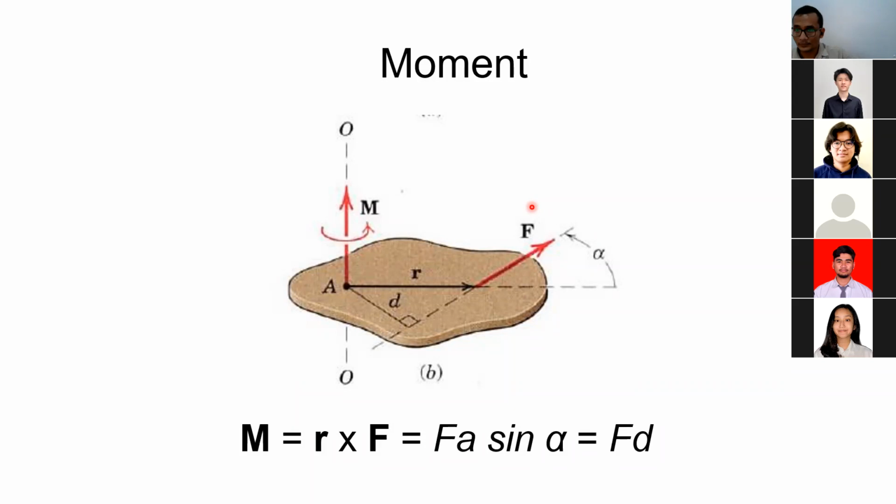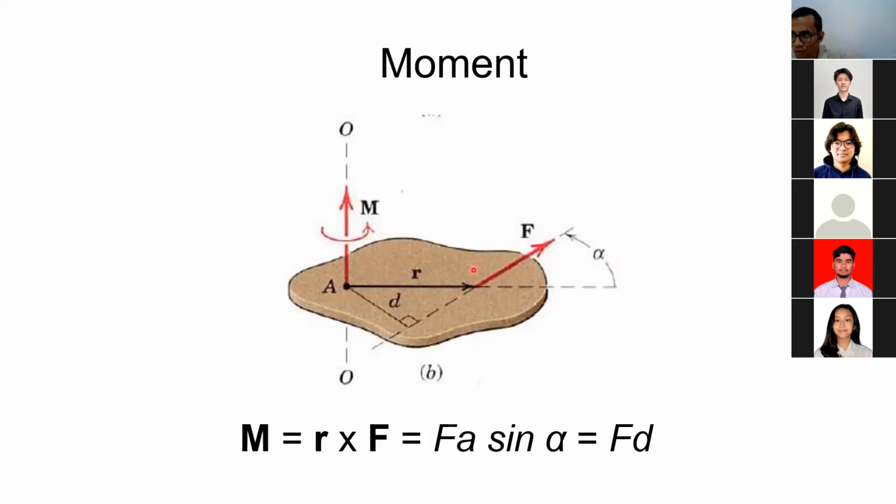Okay, so you guys can see this particular picture. When we have a force F at a certain distance from the center of rotation A, the force F will create a moment at center of rotation A, and the magnitude of the moment is r cross F. Why are we using cross here?